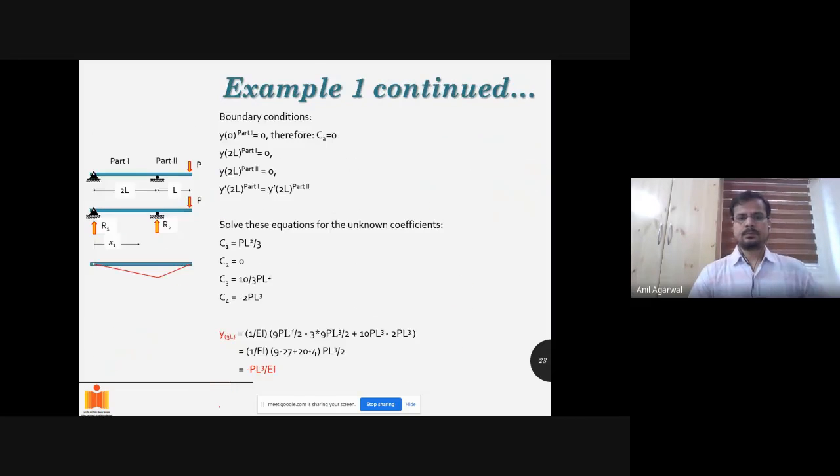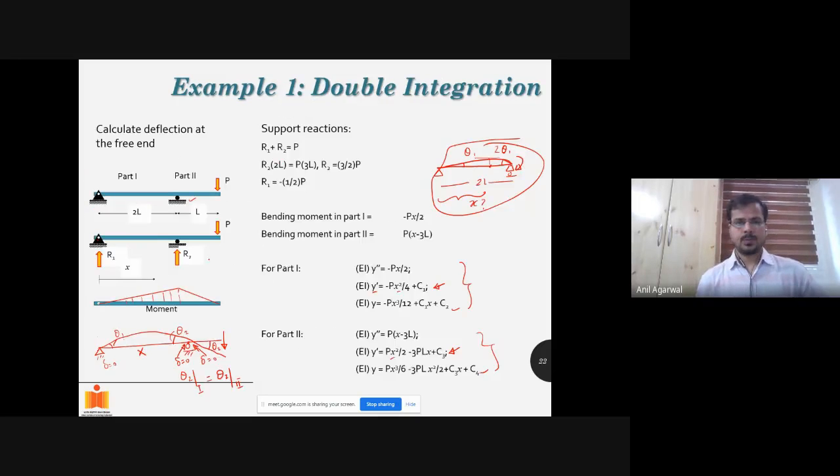So I take these equations. y at 0 from part 1 is 0, and from there I can get C2 is equal to 0. y at 2L in part 1 is 0, that will be used subsequently. y at 2L in part 2 is 0. So this was the first equation, this is the second equation, this is the third equation, and then this is the fourth equation.